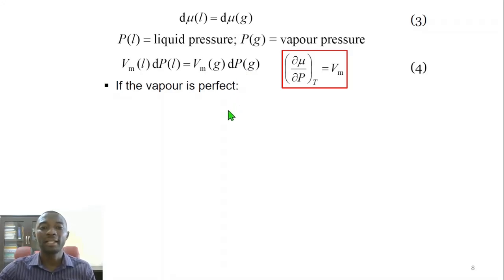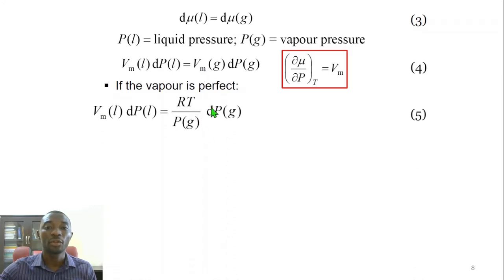If we assume that the vapor is perfect, that is, obeys the ideal gas equation, then we can express the molar volume in terms of the general gas equation. We do that in equation 5, where this represents the molar volume. R is the gas constant, T is the temperature, and P_G the vapor pressure.